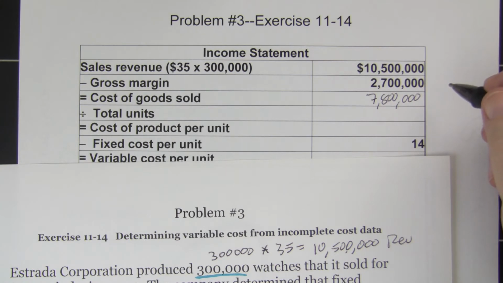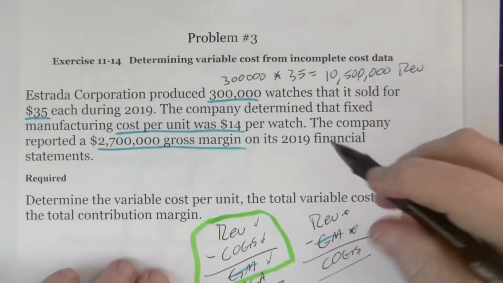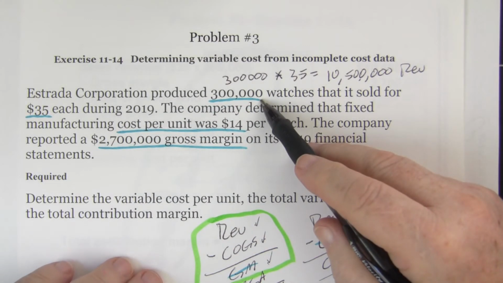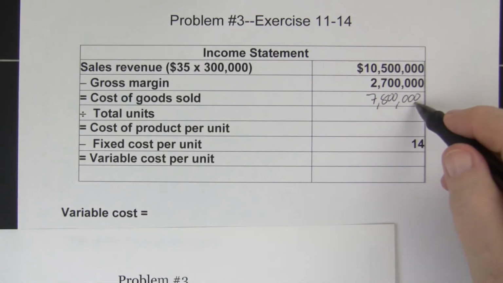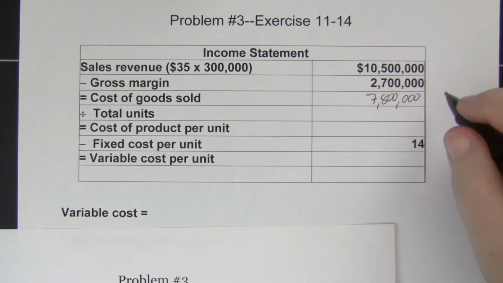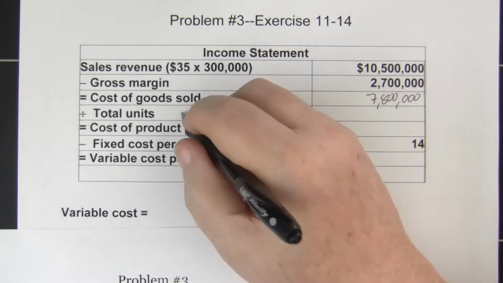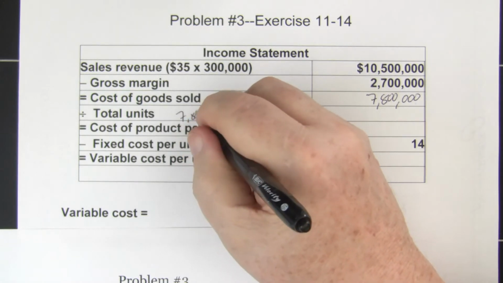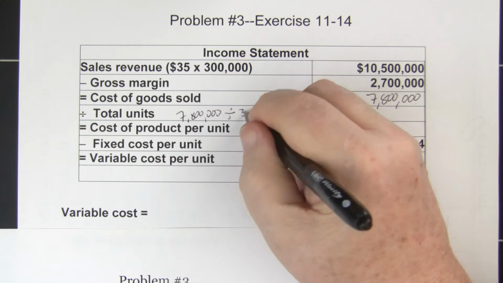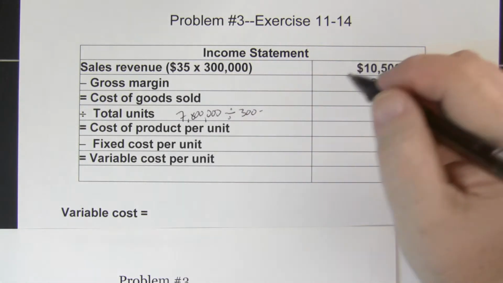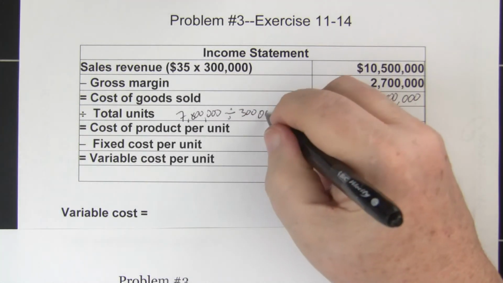They tell us that we sold 300,000 watches. So it cost us $7,800,000 to create 300,000 watches. So we take the 7,800,000 divided by 300,000, not 300, excuse me.